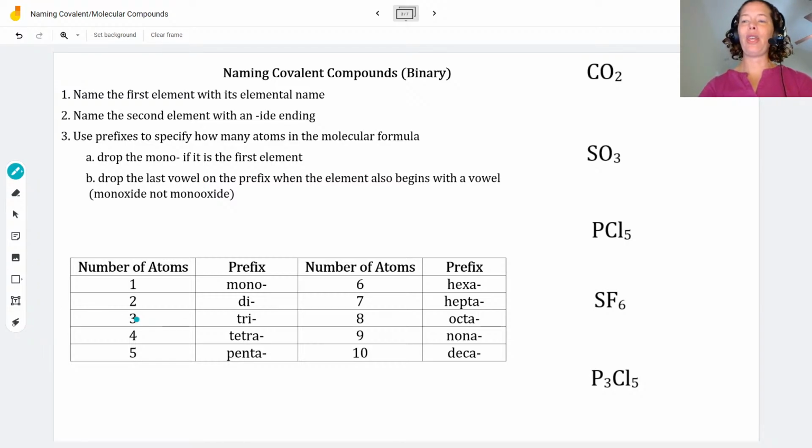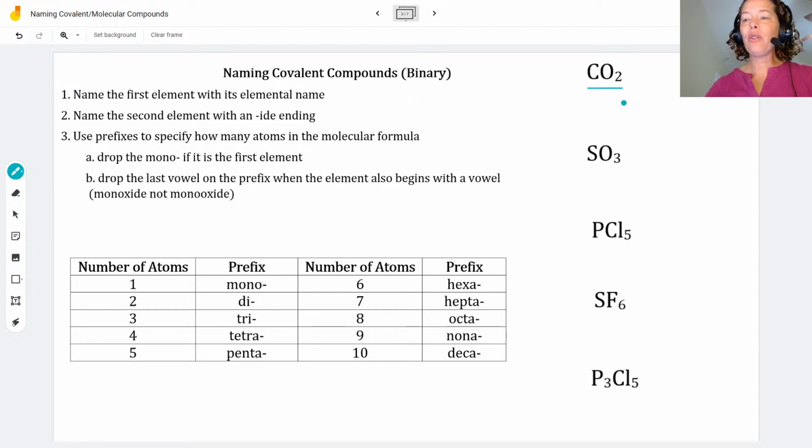So we'll start with a classic. Now, you already know the name of this compound, even if you didn't know all of the rules. But this is a great one to remember how to apply the rules, and it's also a good one for the exceptions. So my first element is carbon. And how many carbon atoms do I have? Well, I only have one.